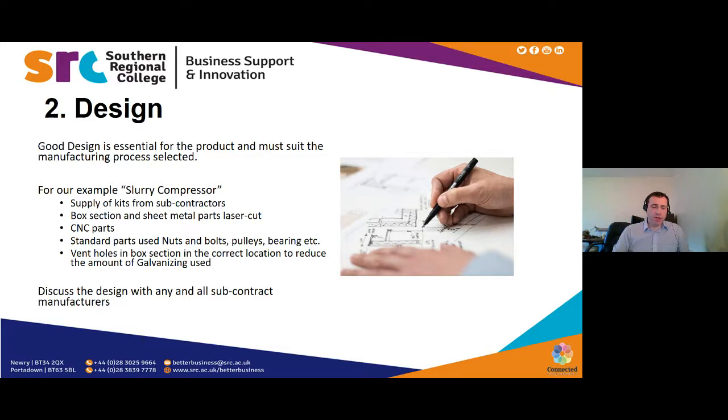So information like that was embedded into the actual design, which meant the subcontractor could take on board the information in the drawings and then deal with it. So I have at the very bottom again here, discuss the design with any and all subcontract manufacturers.